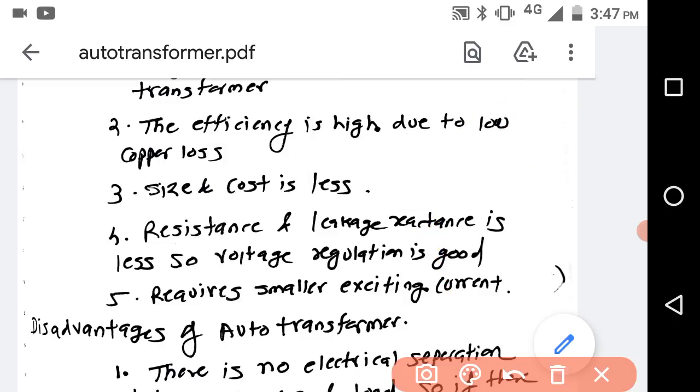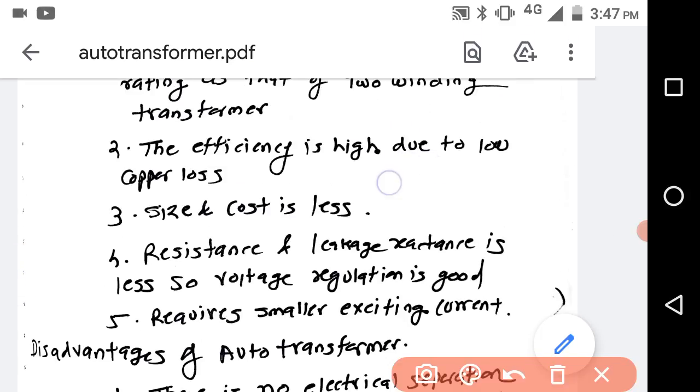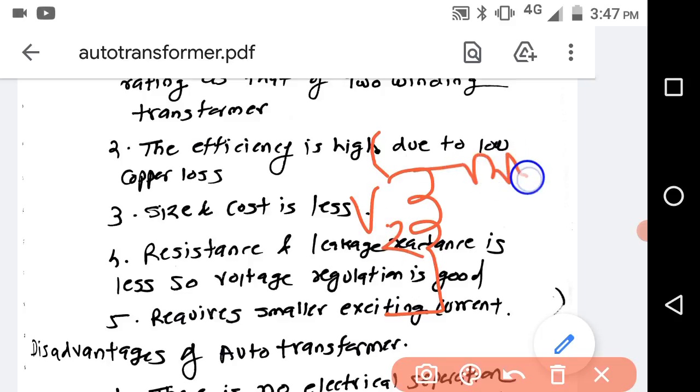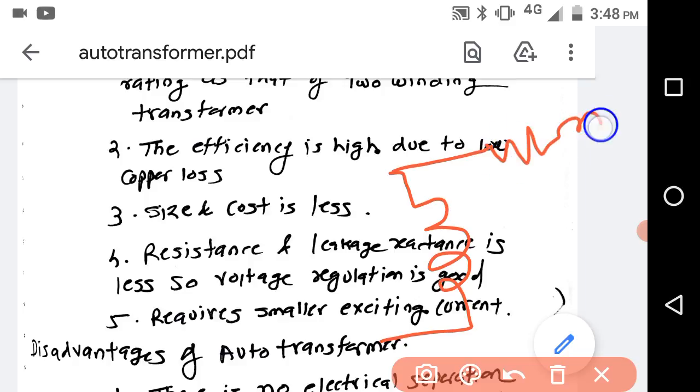If they are less, then voltage regulation is good. Because what is voltage regulation? Here, if the secondary voltage is V2, and this is the secondary winding, then its resistance and inductance are shown here, and here the load.